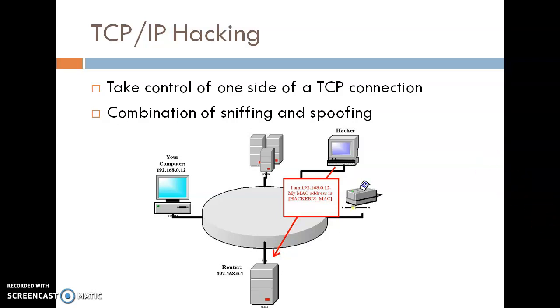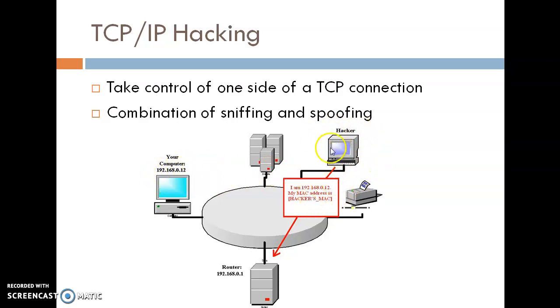For example, here this is a victim PC. It wants to take the data from the router. So here the IP of this victim PC is 192.168.0.12. Now this is a hacker. The hacker hacked the address of this PC and made the IP address of its own PC the same.